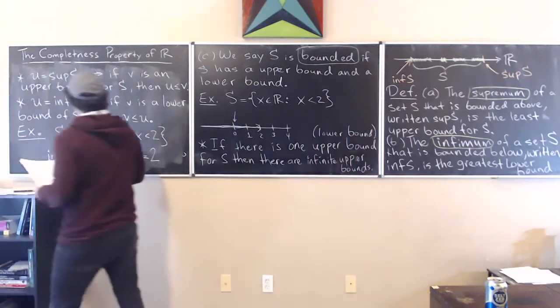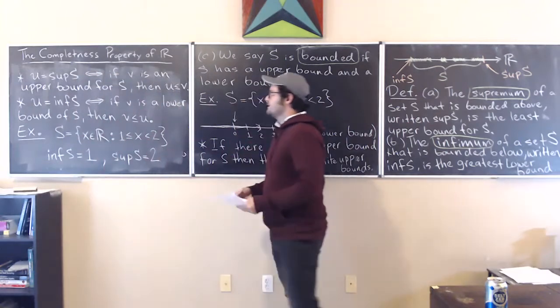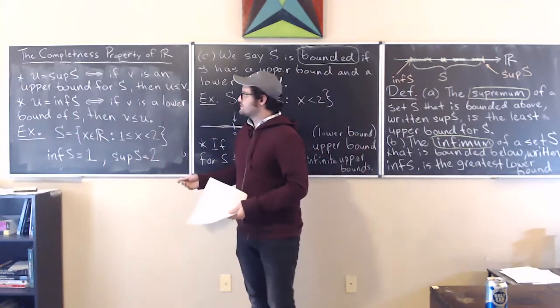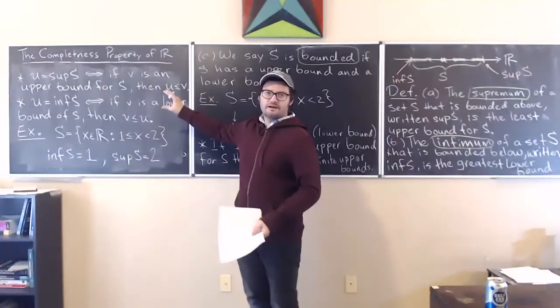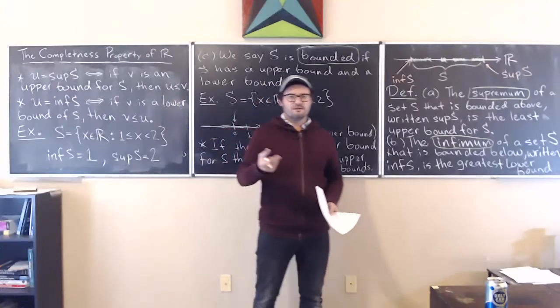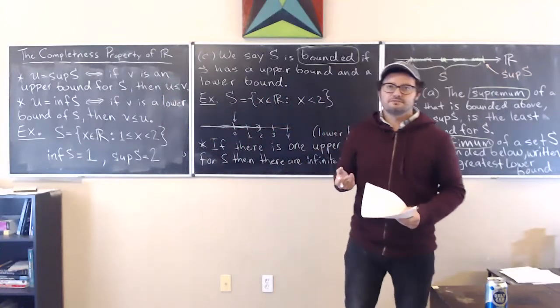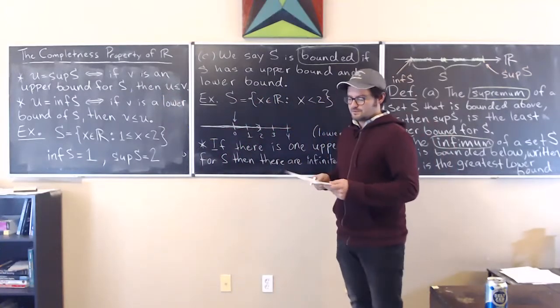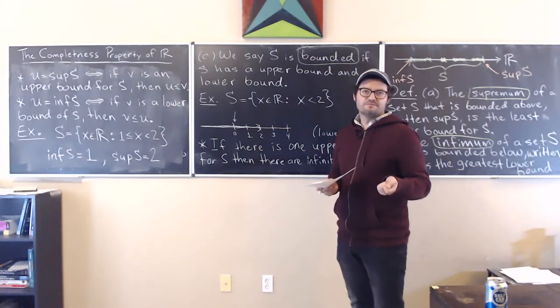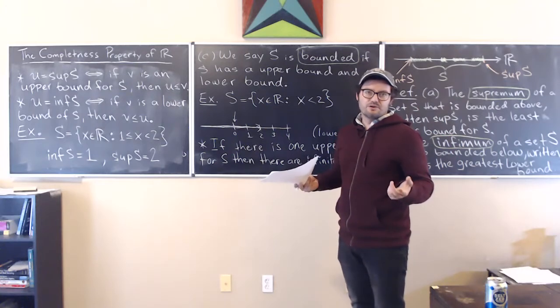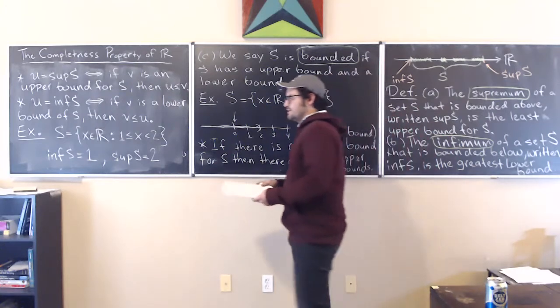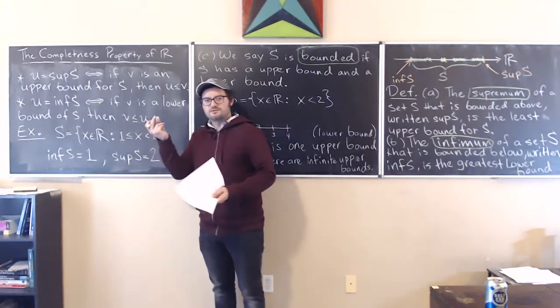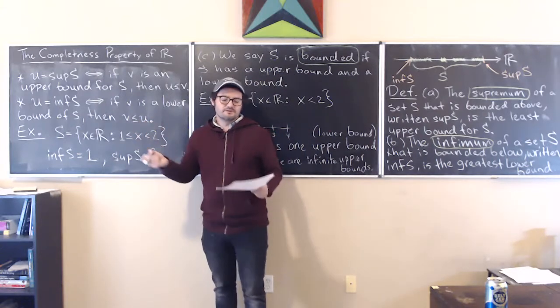So it should be clear, by the way, that with these definitions, for a given set S, both the supremum and the infimum are unique. Okay, you can't have more than one supremum. If you assume that there's more than one, then you get a contradiction, that one of the two numbers you assumed to be the supremum wasn't the largest.